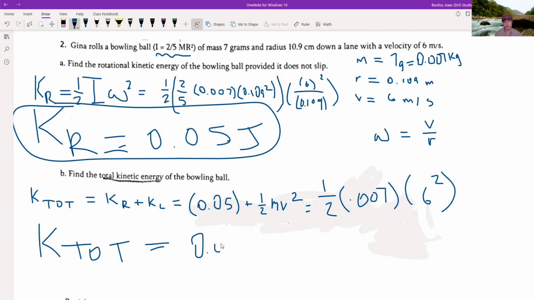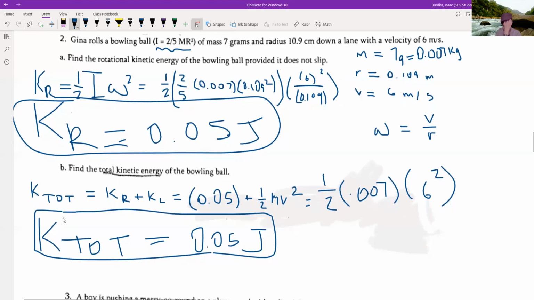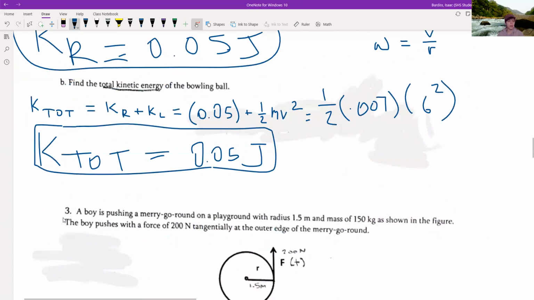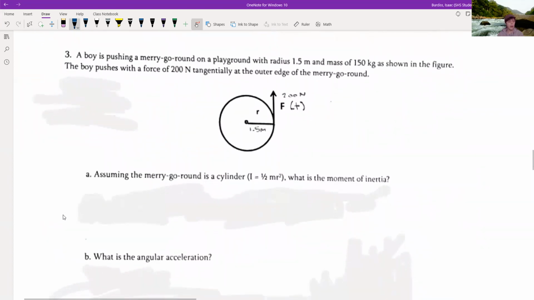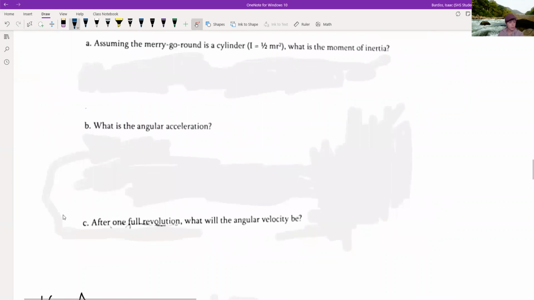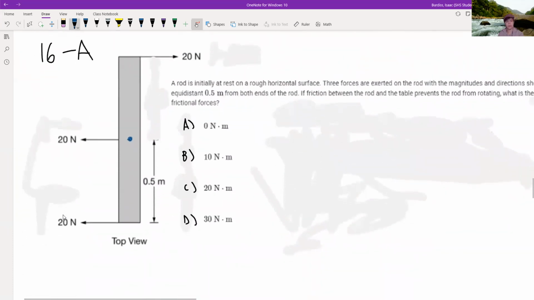I don't know if the calculator did the wrong thing. I guess maybe we just had very small linear kinetic energy. If that was the case, I still did the right process. I don't feel like getting out my TI-84 right now. So that's how you do that one. And we're just going to skip this one for now because this video would be too long.